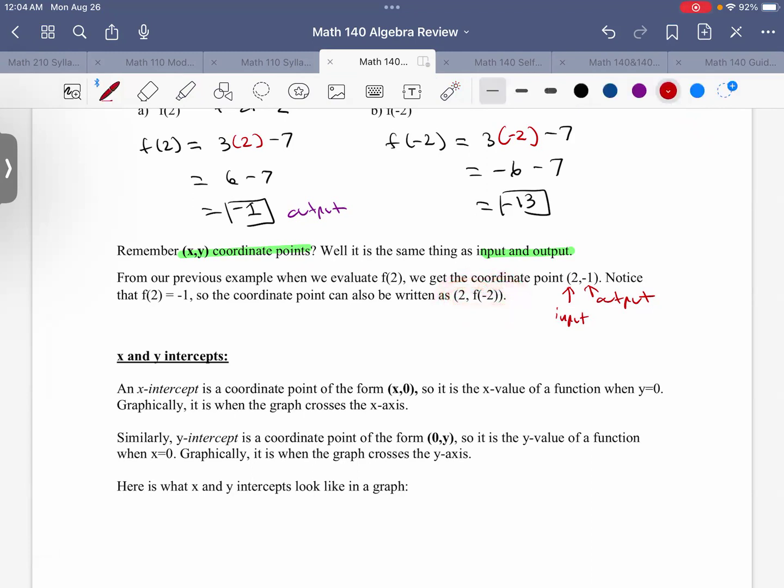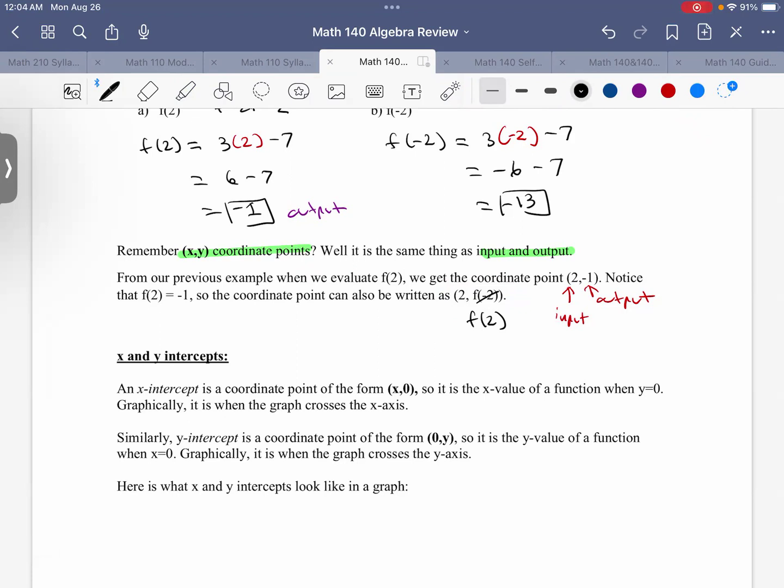That's the same exact thing. We see how the relationship works out, where this is our input and this is our output. Sorry, that's a typo. It shouldn't be negative, it should just be 2. Make sure you fix that. I'm just going to cross it out. Okay, so that's the relationship there, input and output.